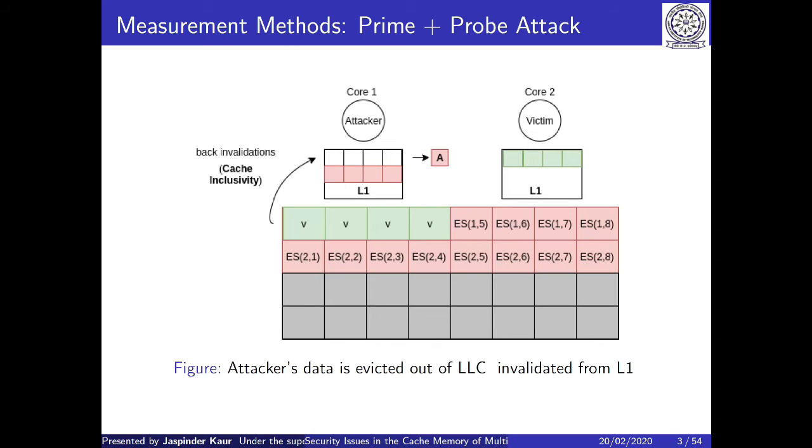Measurement methods like prime probe and flush reload can be used to measure the access pattern of a victim application. So these measurements are responsible for the side channel as well as the covert channel attack. If somehow we can prevent measuring this access pattern, then we can also prevent the side channel as well as the covert channel attacks.